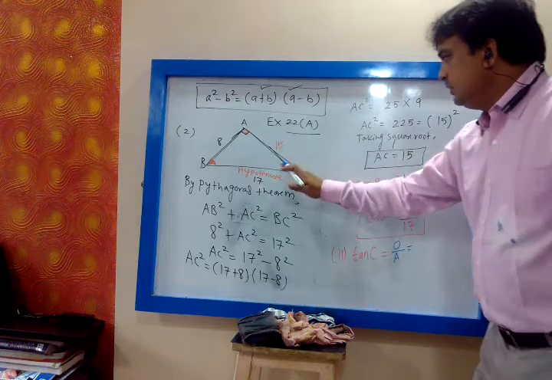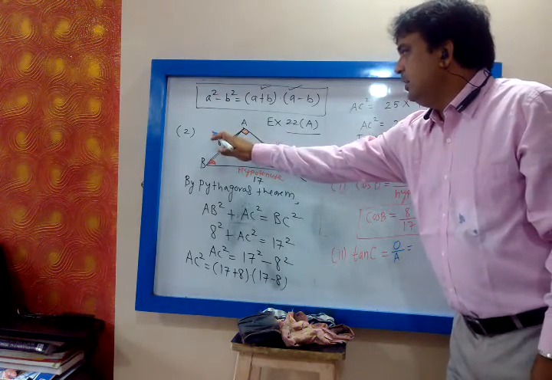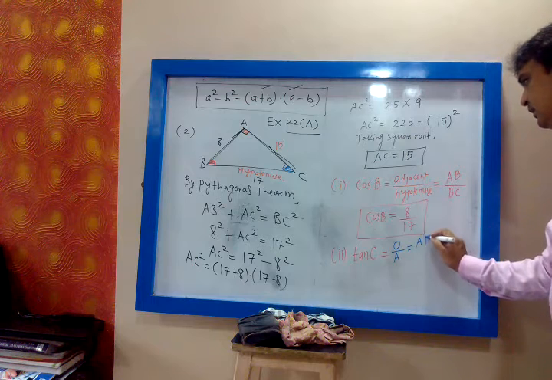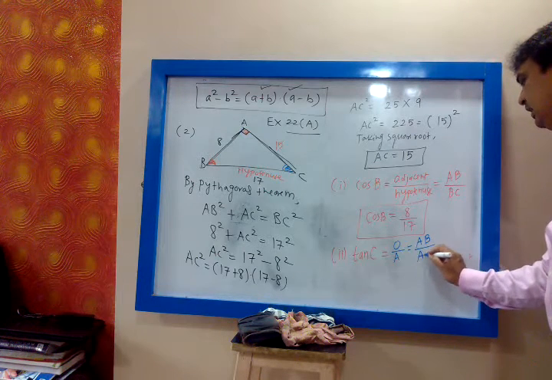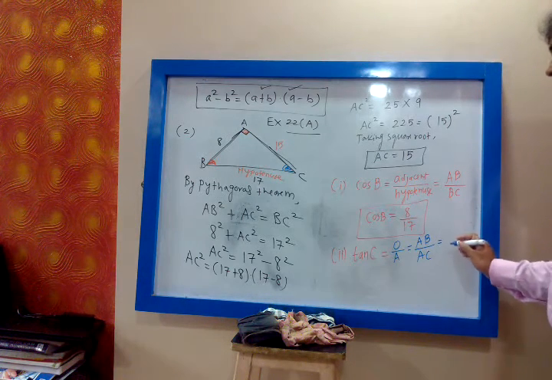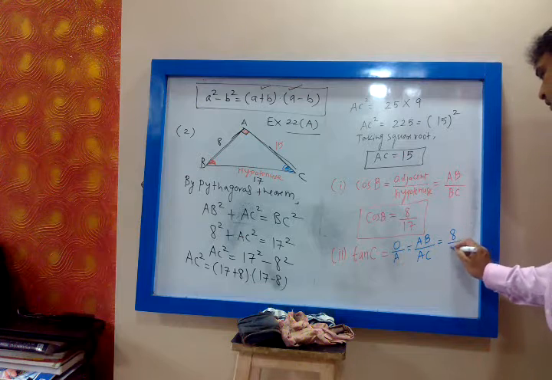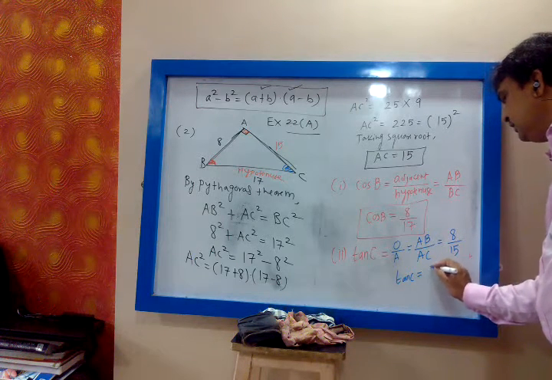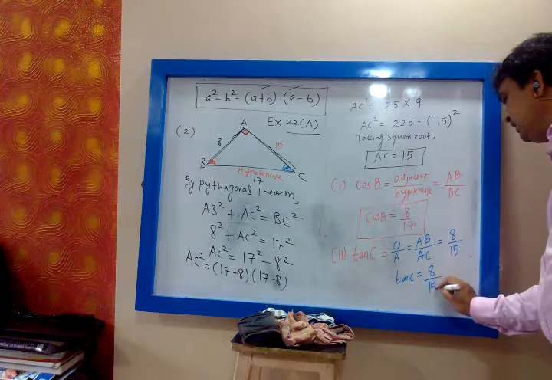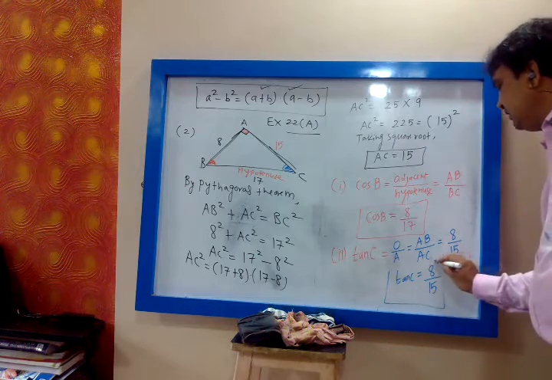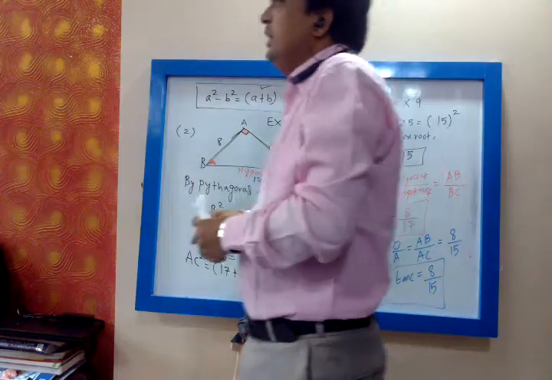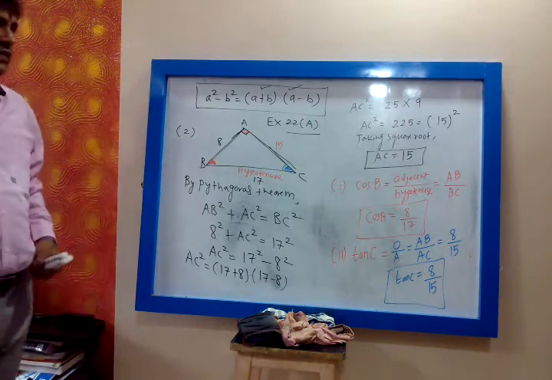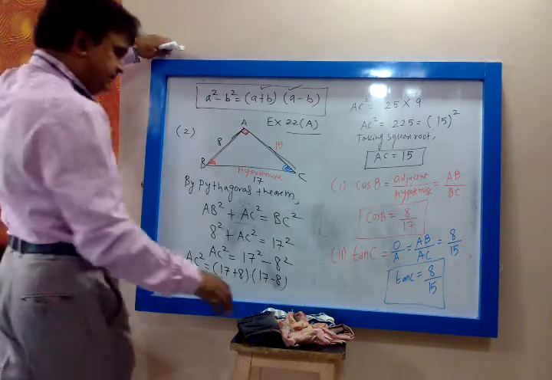So that is AB upon AC. AB is 8, AC is 15. So tan C is 8 by 15. Whichever reference angle is given, that you consider to find trigonometrical ratios. Okay, reference angle will change.